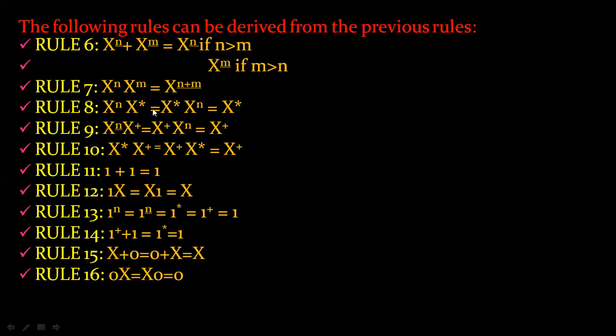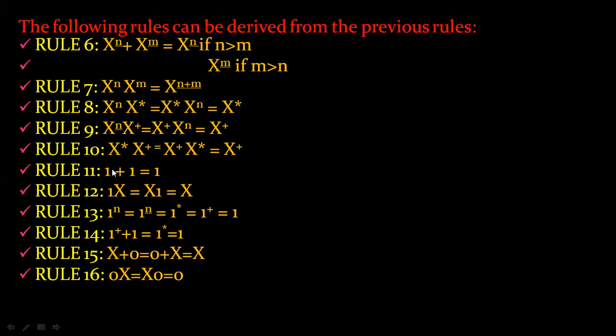Xn into X star will obviously be equal to X star, or X star into Xn, anything. Xn into X plus and X plus into Xn will be X plus. X star into X plus, X plus into X star will be X plus, because X plus will have a minimum of 1. So that's the reason we get X plus.